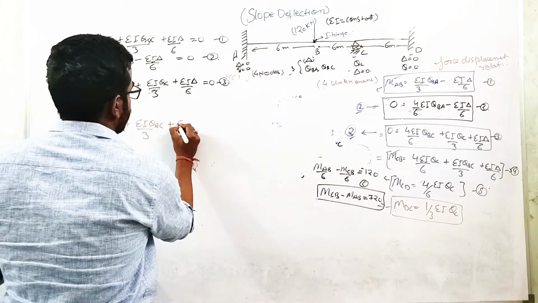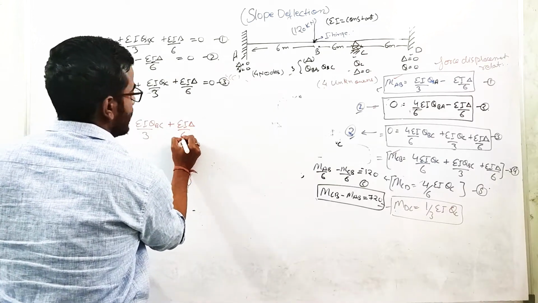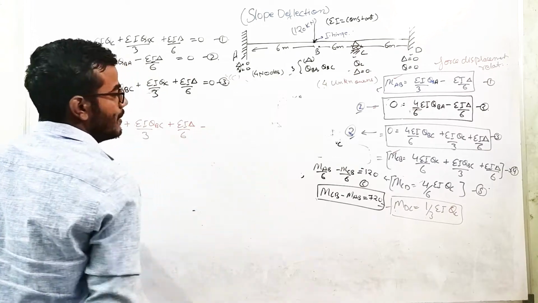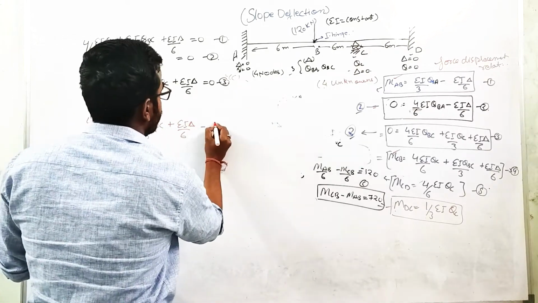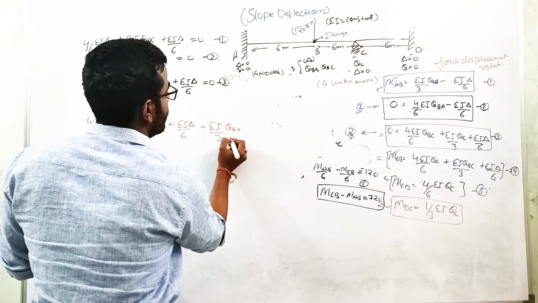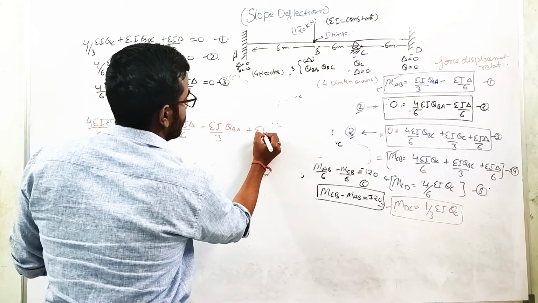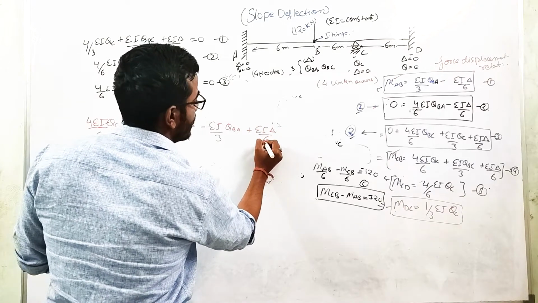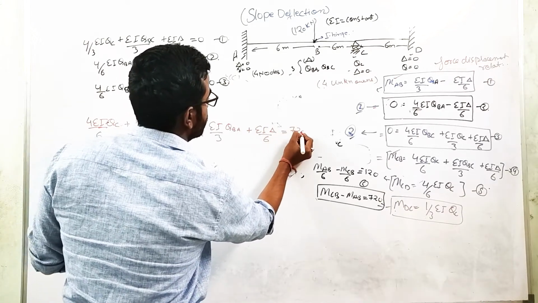Plus EI delta over 6 minus MAB. MAB is nothing but this value, EI theta BA over 3, and this will become plus EI delta over 6, and this expression is equal to 720.